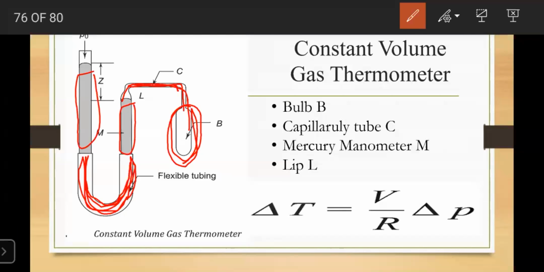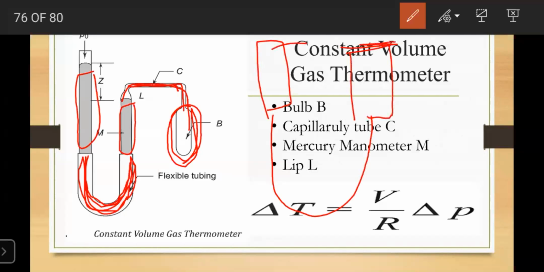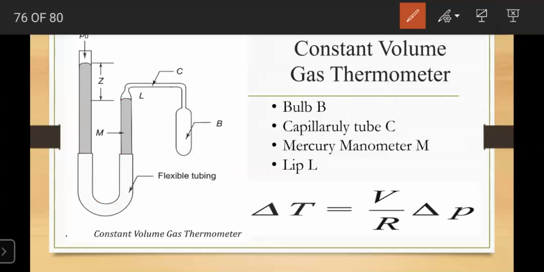Initially, what happens? The mercury in the U-tube manometer is at the same level before connecting the gas. So if you remove this one before, the level will be at this point. Initial level is this one.